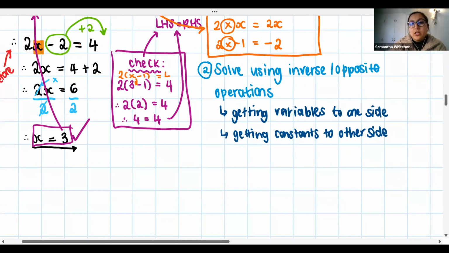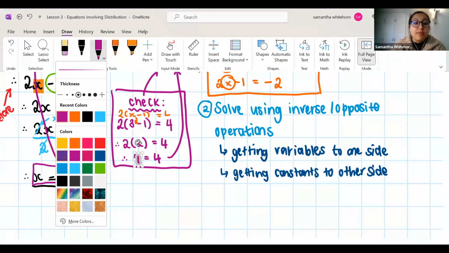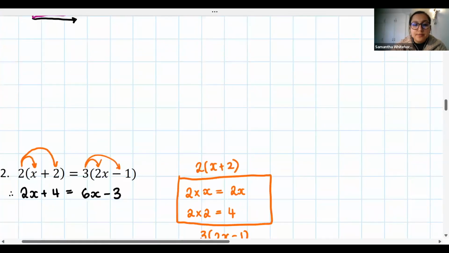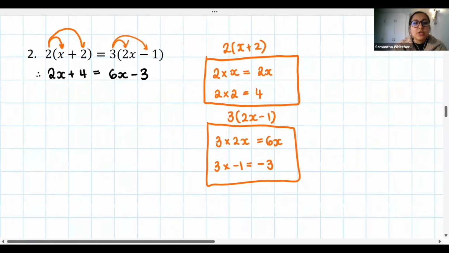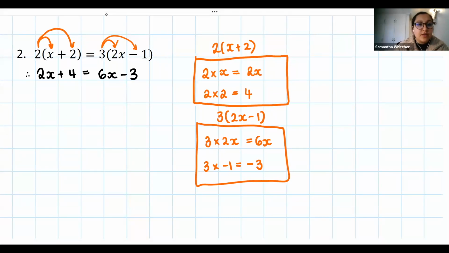Now this goes back to what I said here in step 2. We now solve our equation, but very importantly, we need to remember that I'm going to have to get my variables to one side and my constants to the other side. So if I look at question 2, I can see that I've got a variable term on the left and the right, and a constant term on the left and the right.